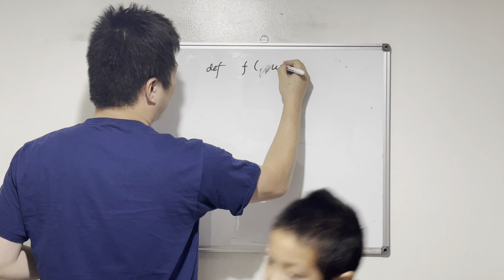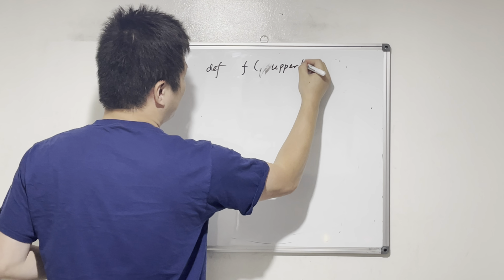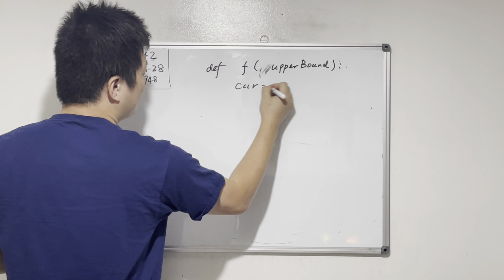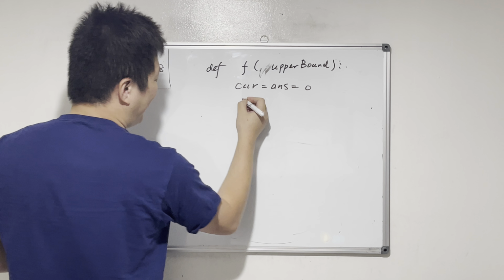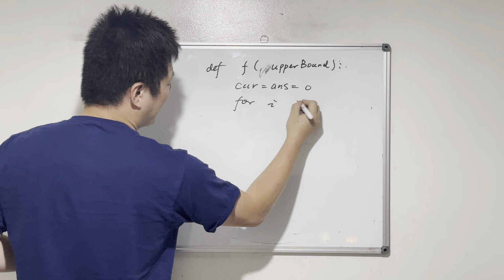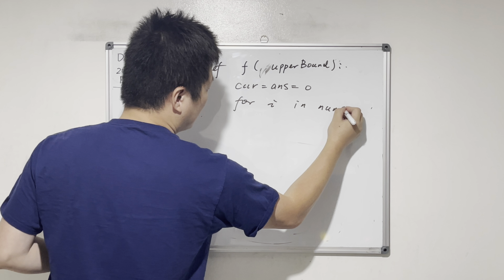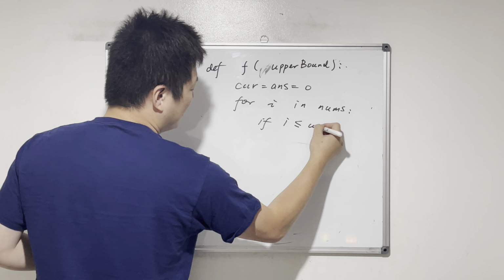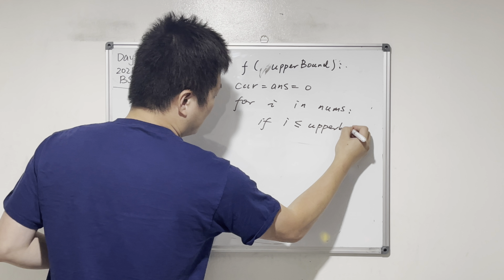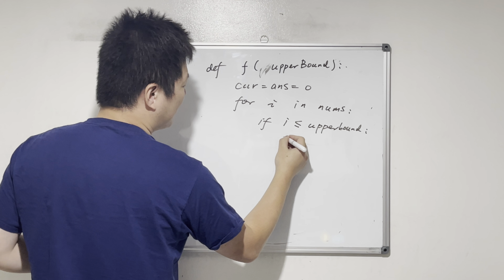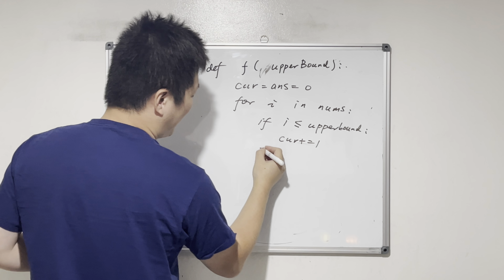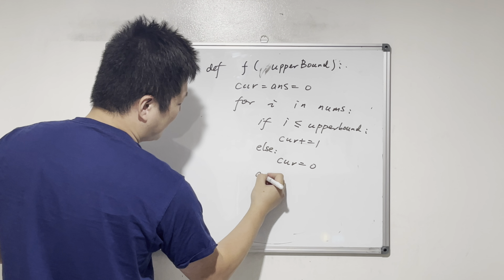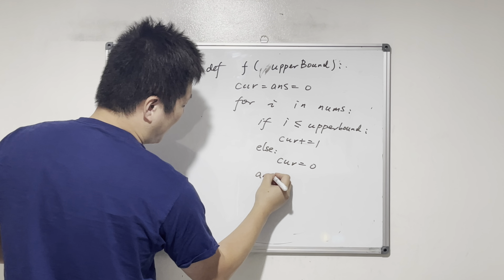Current equals 0 and answer equals 0, and we go through the numbers, for i in numbers. If i is smaller than or equal to the upper bound, then current plus equals 1. Else I reset it to 0. And then answer plus equals current.